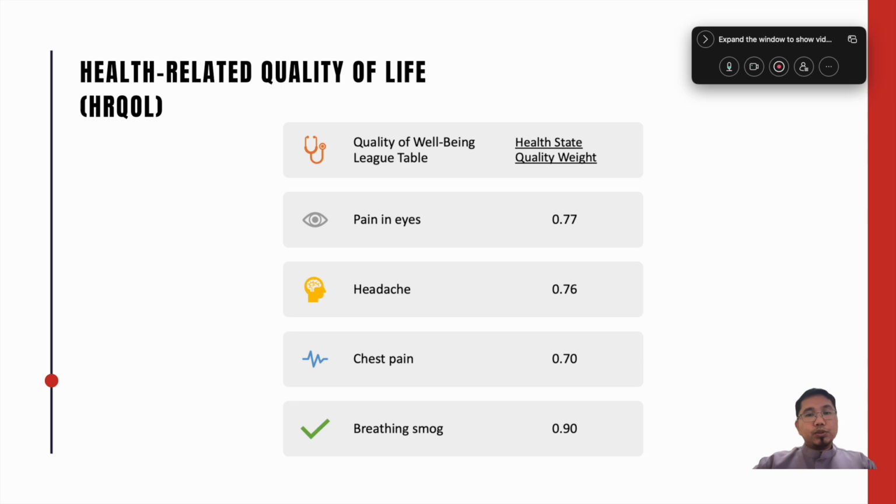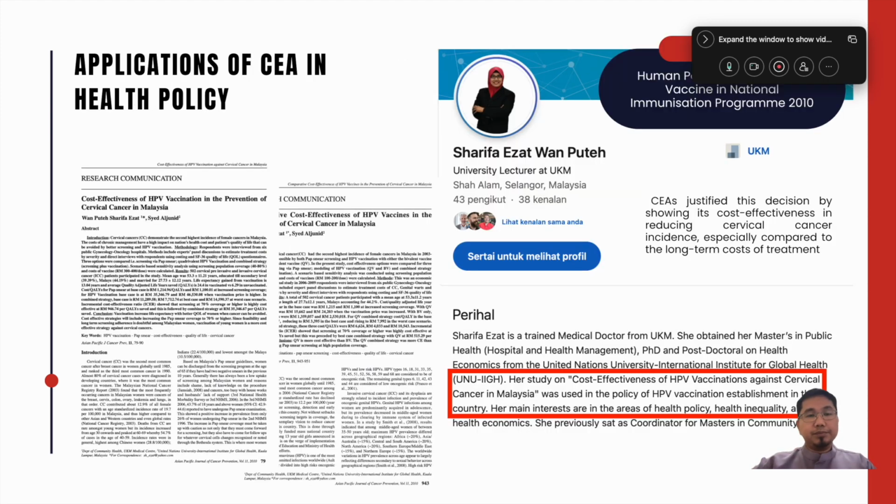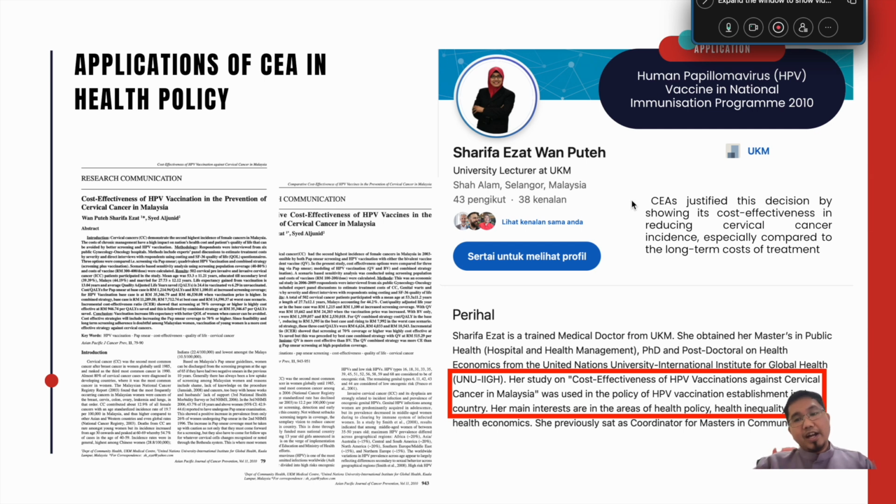I think I have covered the important key points in cost effectiveness and also cost utility. So let's move on to the application of CEA in health policy. If you know or recognize her, Prof. Sharifah Izzat is a public health medicine specialist at UKM.